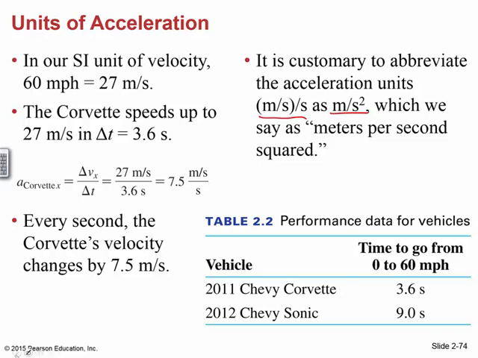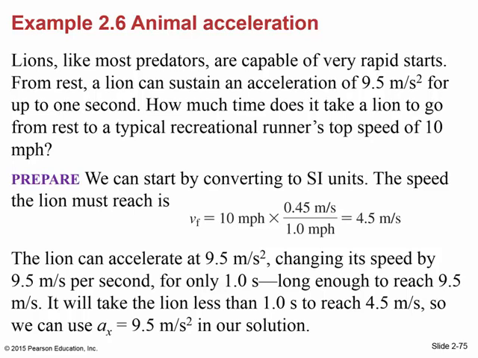Now they give us an example here of how to find acceleration. The object accelerates, changing its speed by 9.5 meters per second for only 1 second.